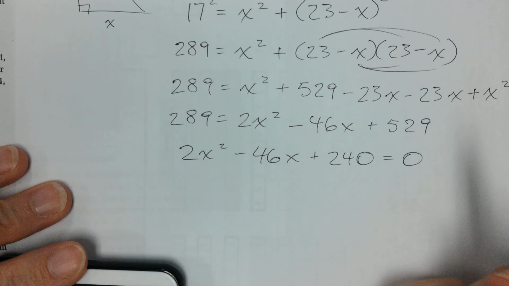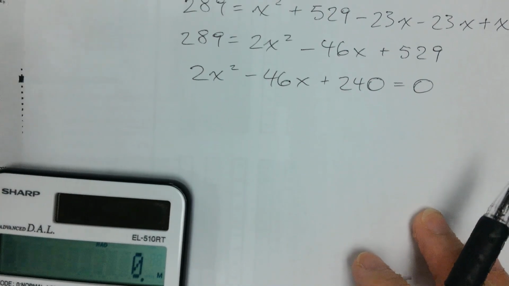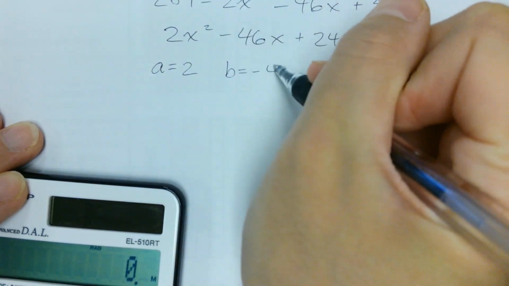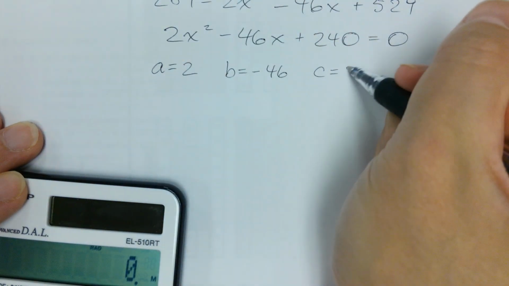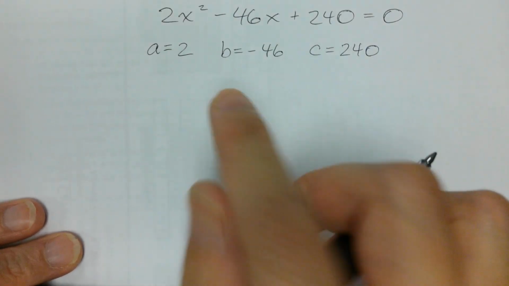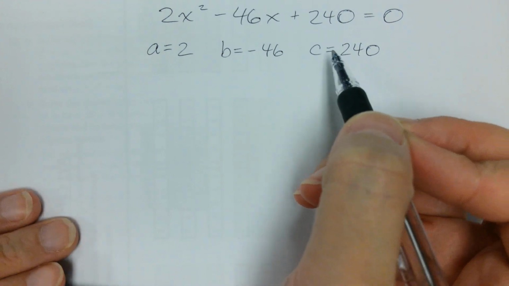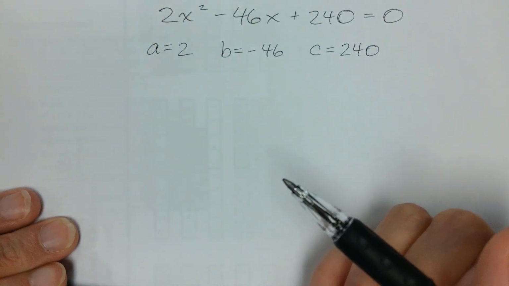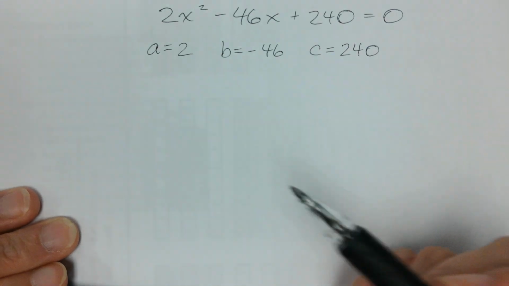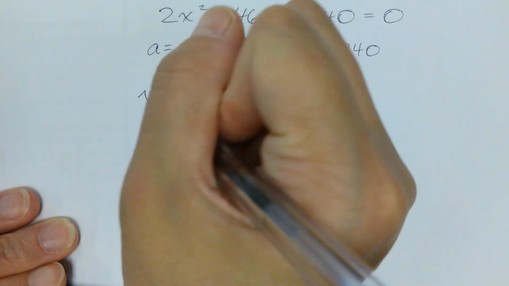I think factoring will probably work as well, but I don't want to waste time, so I'm just going to do the quadratic. That's how I decide: if I see the factors right away, definitely factor because it is faster. But if I don't see it right away, I'm not going to waste time. I'm just going to go straight to the quadratic formula.